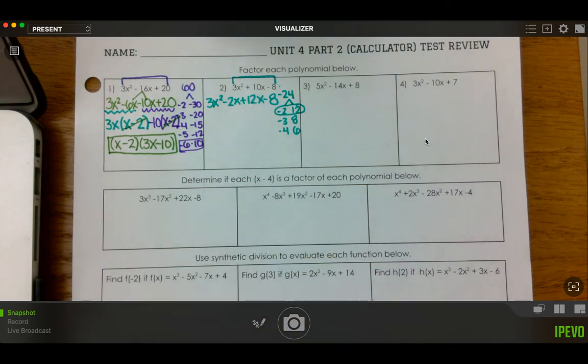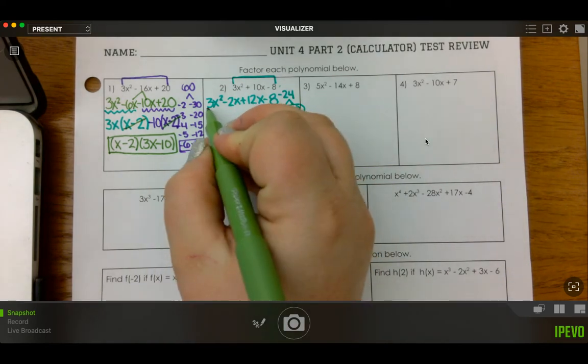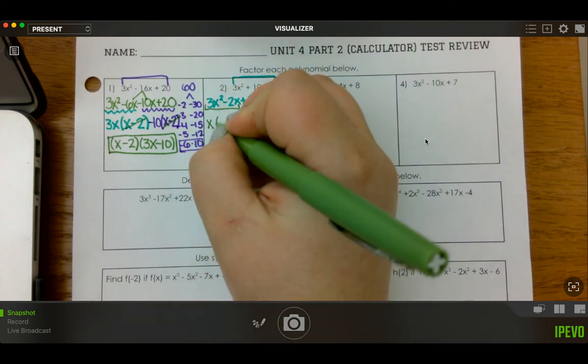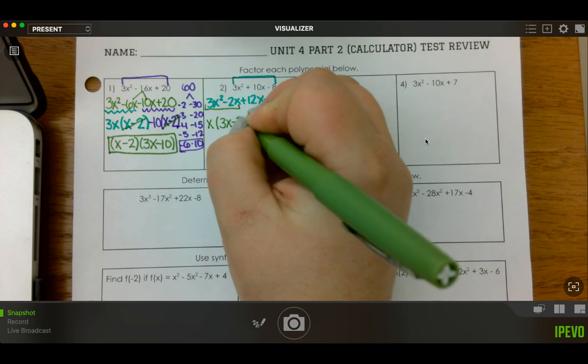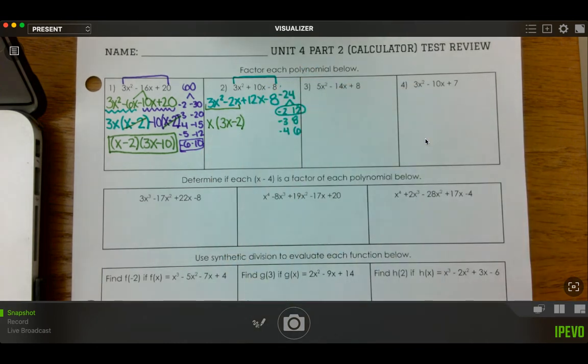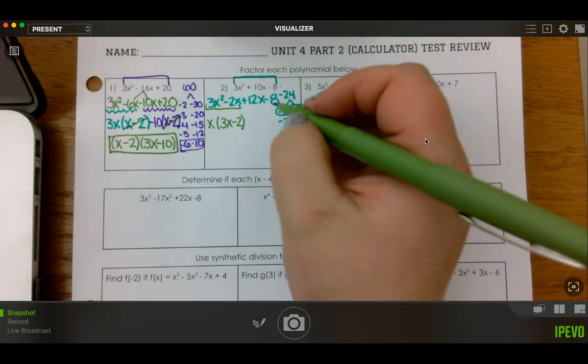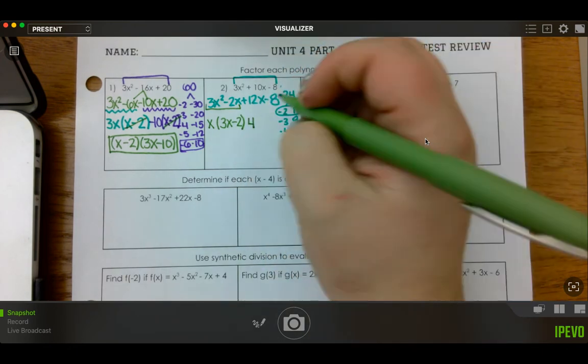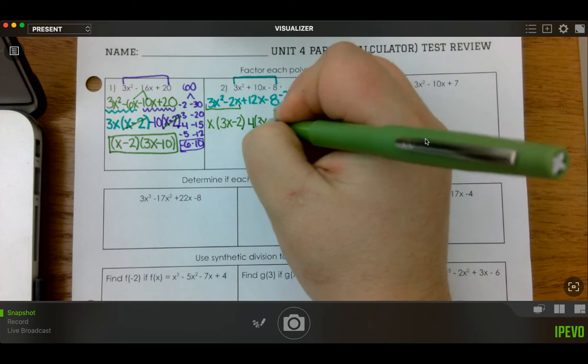Then I'm going to factor by grouping. I can divide both of these by x, and I have 3x minus 2 left. It just pretty much takes away a power. And over here, I can divide these both by 4. 12x divided by 4 is 3x.